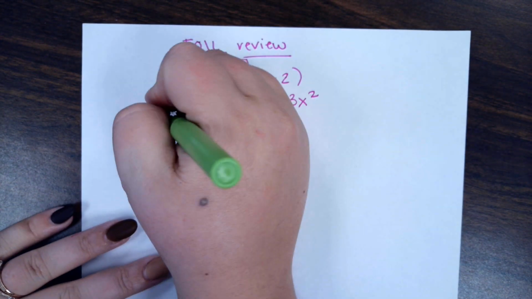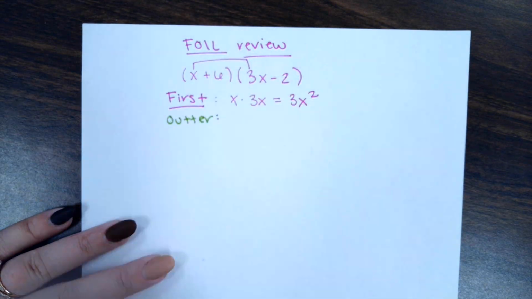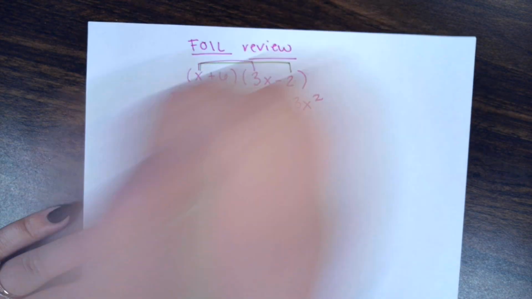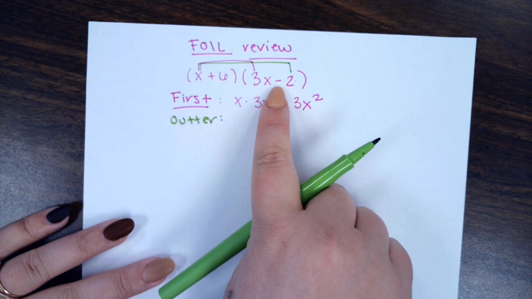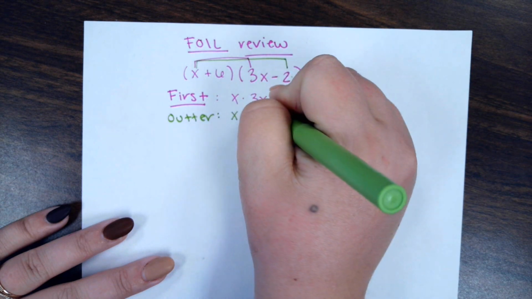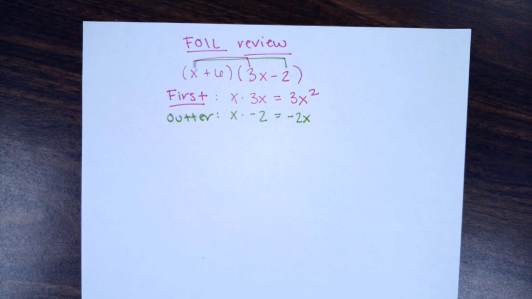The O stands for outer. So that would be the x times negative 2. Don't forget that negative there. And of course that gives you negative 2x.